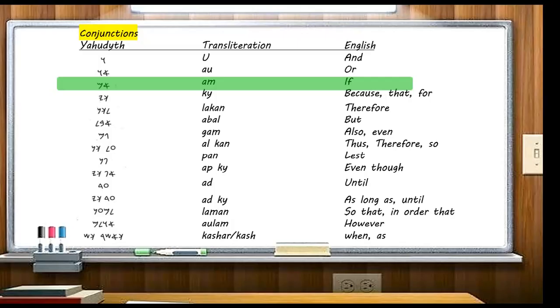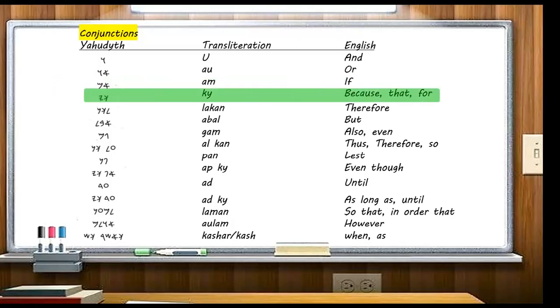Let's continue. We have the kaf yad, or the word ki, which translates as because or that or for. So the conjunction ki in various contexts can mean because or that or for.